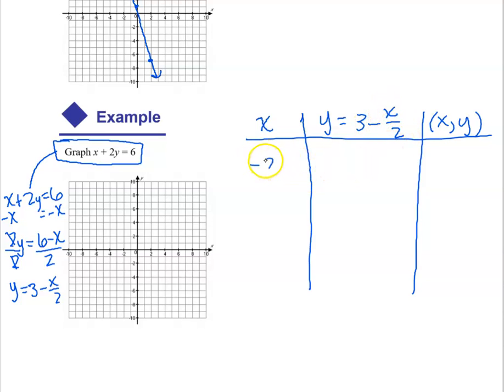Okay, so I'm going to pick the same things. I'm going to do -2, 0, and 2. So when I plug this in, I'm going to have 3 minus -2 over 2. Okay, and you might want to divide first. -2 divided by 2 is -1, so this would be 3 minus -1, which is going to be 4.